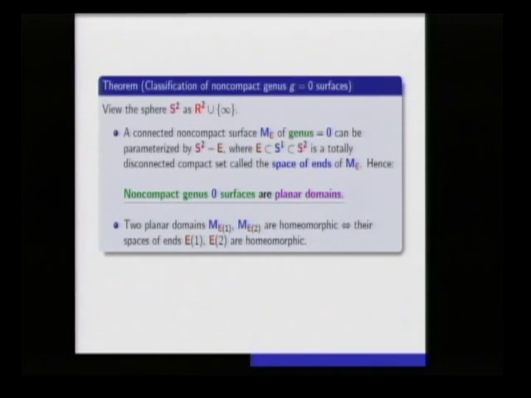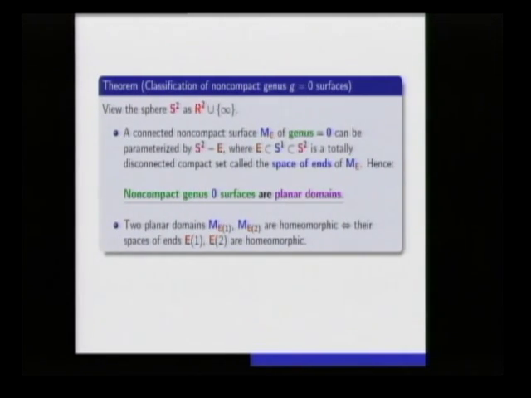You can always remove a closed subset of the two-sphere, and it certainly has genus 0. Imagine you can collapse curves to points, and it's just nice to think about not having any curves in it, so you can make it totally disconnected. And that set, when it's totally disconnected, can be identified with all the ways to travel to infinity.